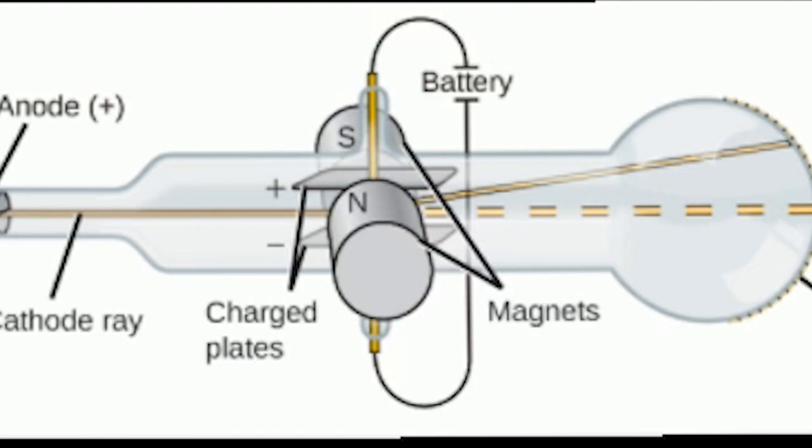This indicated that the cathode ray was composed of negatively charged particles. Thomson also placed two magnets on either side of the tube and observed that this magnetic field also deflected the cathode ray. The results of these experiments helped Thomson determine the mass-to-charge ratio of the cathode ray particles, which led to a fascinating discovery. The mass of each particle was much, much smaller than that of any known atom.